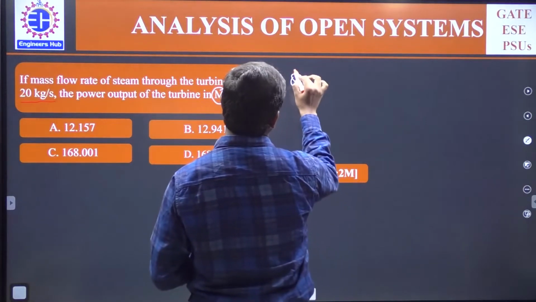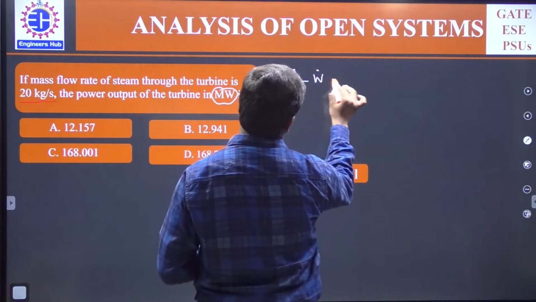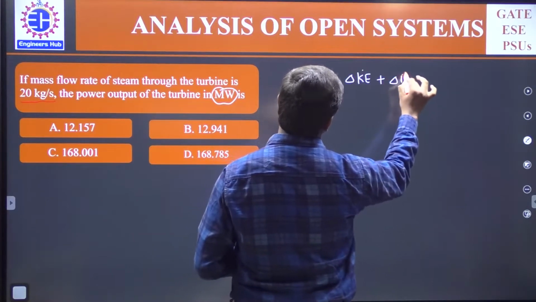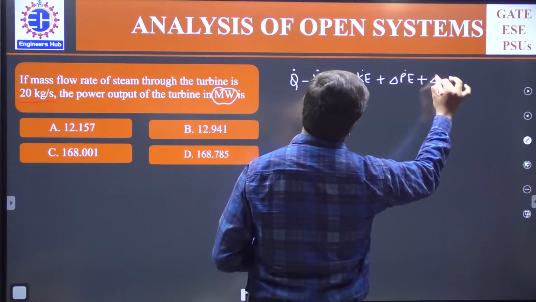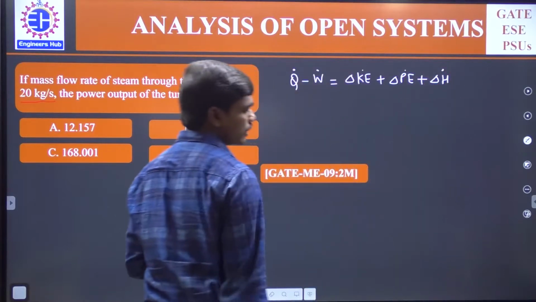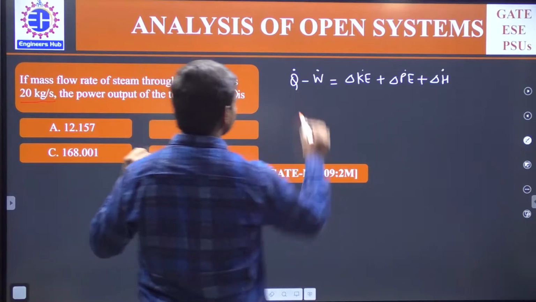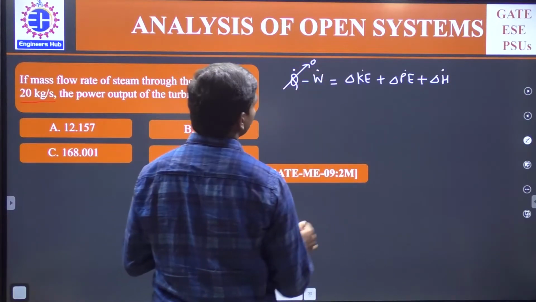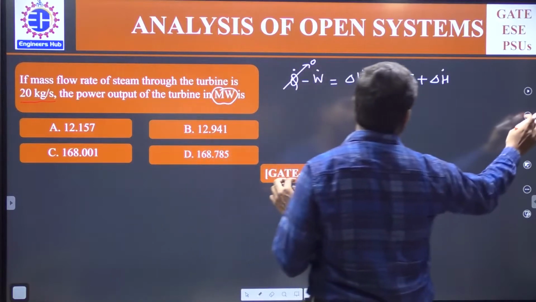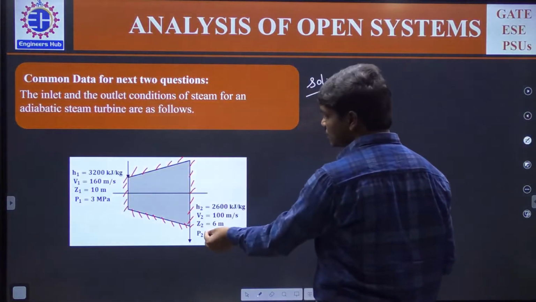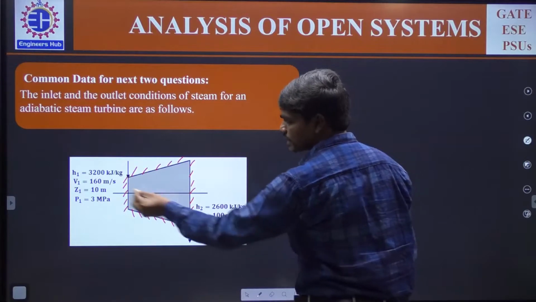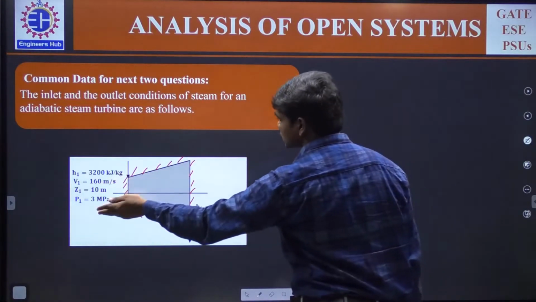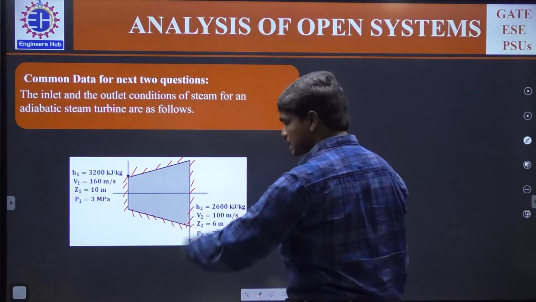If you apply the steady flow energy equation again, Q dot minus W dot is equal to delta KE dot plus delta PE dot plus delta H dot. Now given the turbine is adiabatic, it's already given in the question. So kinetic energy values and potential energy values we need to consider, because they have given some changes in elevation. Z2 is 6 meters, Z1 is 10 meters and all these things. So we'll consider all this, and pressure values are also given. Of course, in a turbine pressure actually drops.